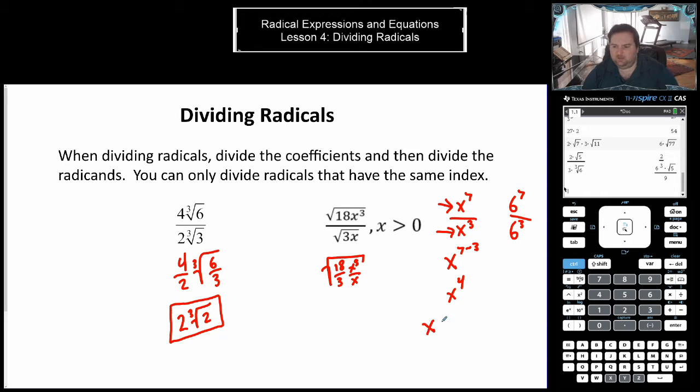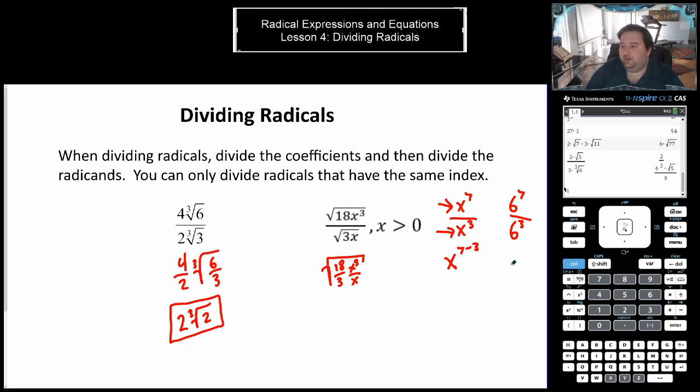And you can check it, if you don't believe me, 1, 2, 3, 4, 5, 6, 7. If you don't believe me, you can do this, right? 1, 2, 3, and then you can cross them out. These are gone, and these are gone, and what's left? 4 x's, x to the power 4. So you see, this does work, okay? And this is an important skill to have, is to be able to work with exponents here.